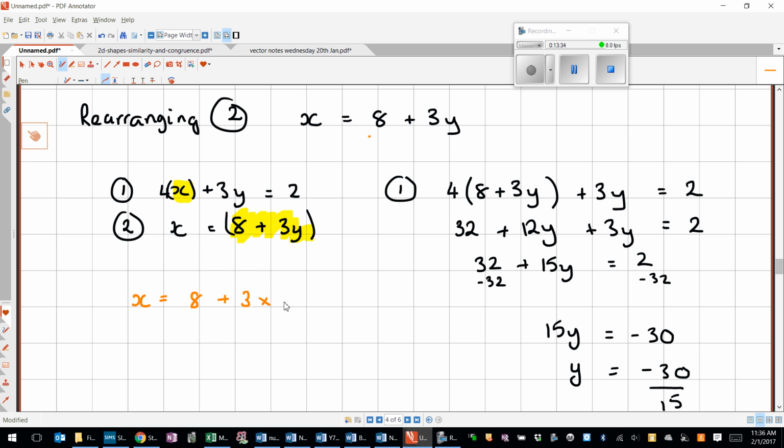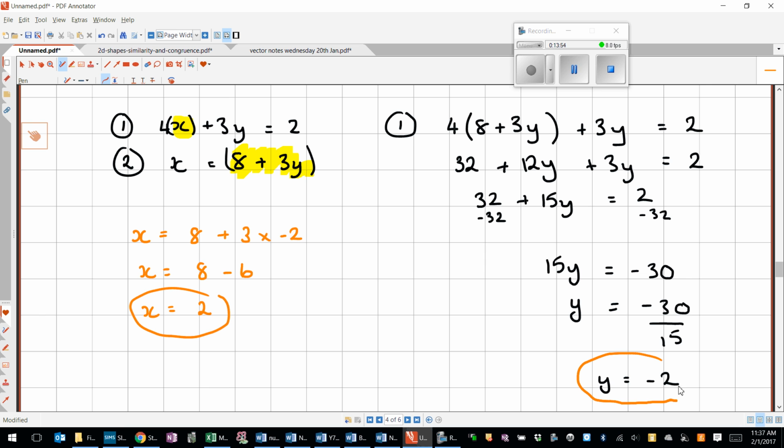So x equals 8 plus negative 6, which is 2. So that is our simultaneous solution.